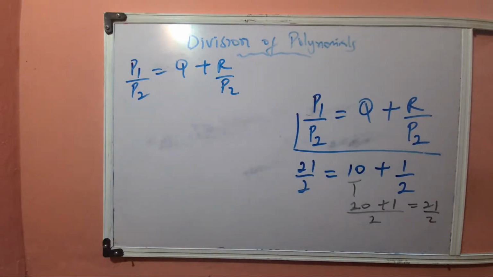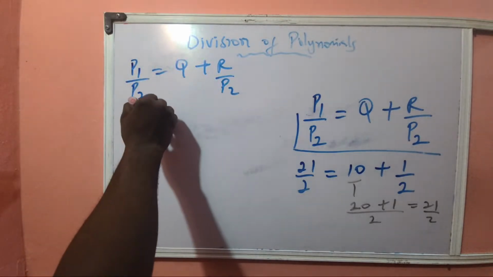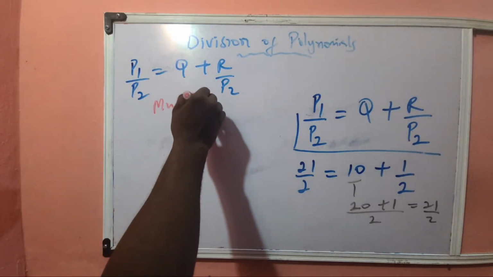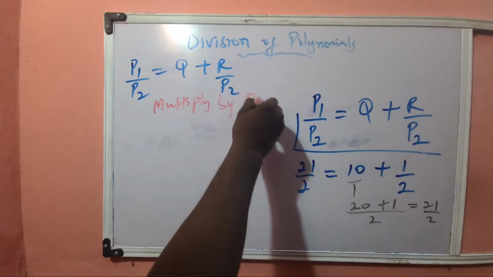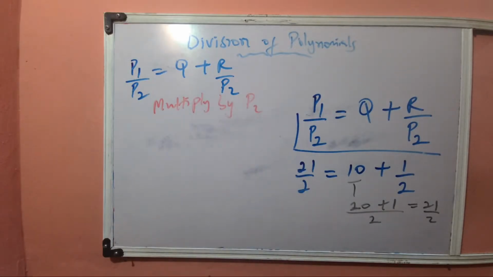Of course, we can make this easier because we can see P2 here, and P2 here. So it won't be wrong if I decided to multiply through by P2. That means I'm going to multiply each of the terms with P2, just to make things much simpler.